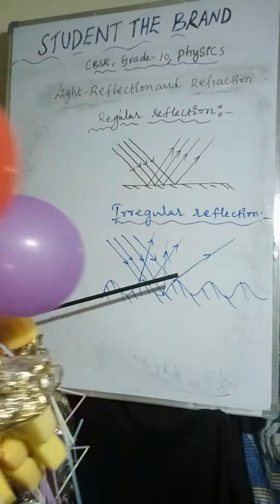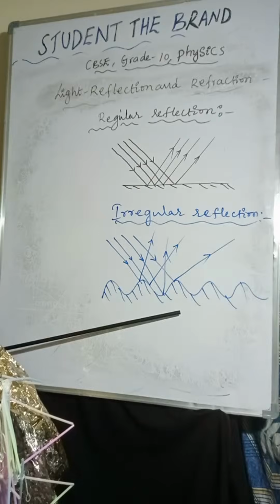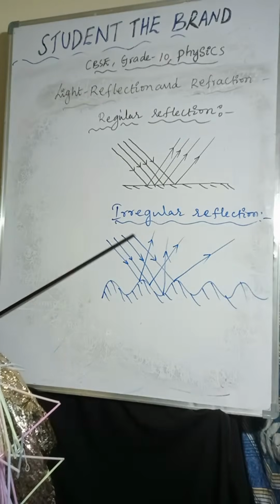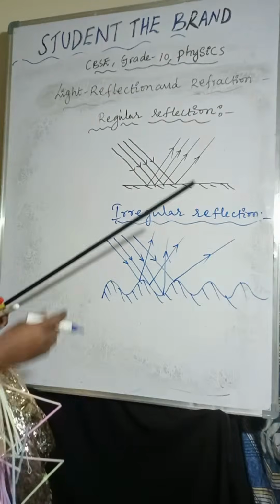So now you can observe the incident light rays are parallel, but the reflected light rays are not parallel to each other.